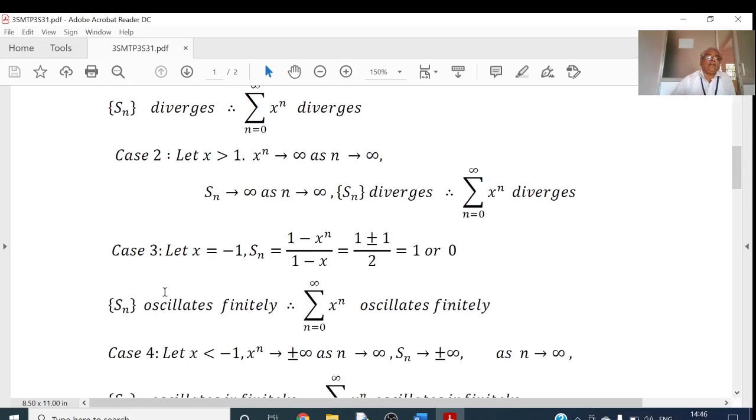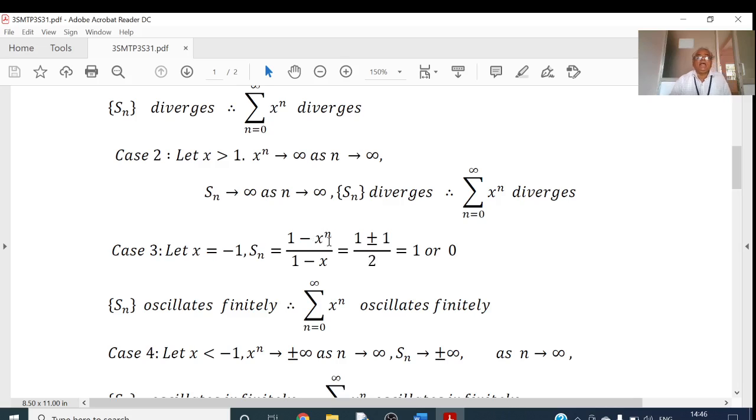Next we consider another case, where x is equal to minus 1. If x equal to minus 1, then we have Sn equal to 1 minus x power of n divided by 1 minus x. The denominator is no problem: 1 minus of minus 1 becomes 1 plus 1, which is equal to 2. So what about x to the power of n?